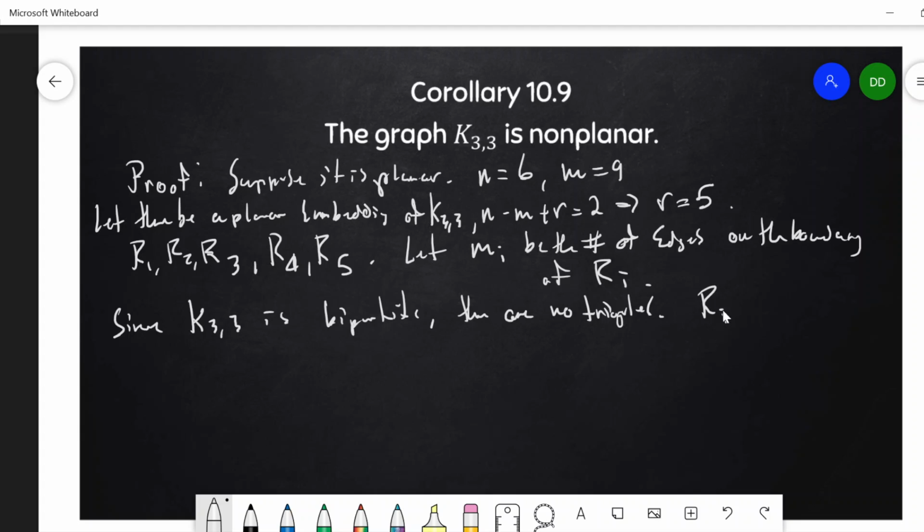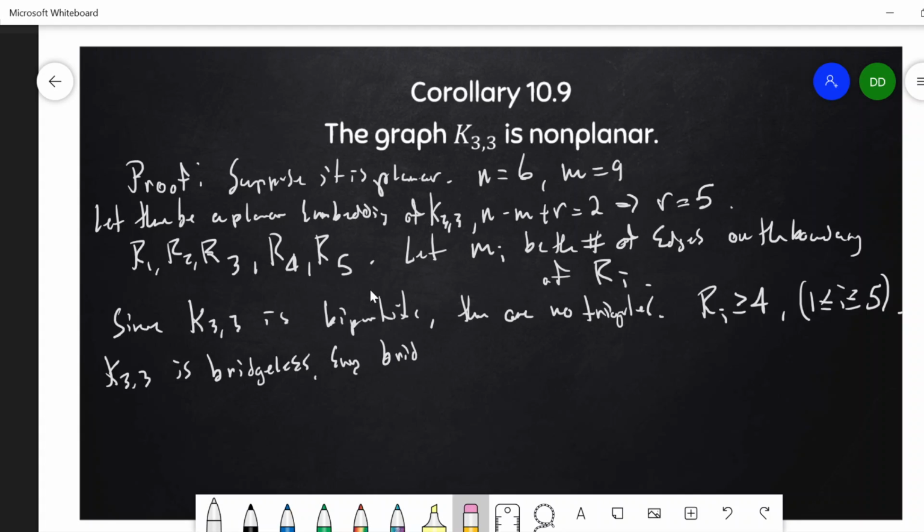And so what that means is that m sub i is at least 4 for each i. Also K33 is bridgeless. In the world of planar graphs, a bridge is only on the boundary of one region. If it's bridgeless, that means every edge is on the boundary of exactly 2 regions.